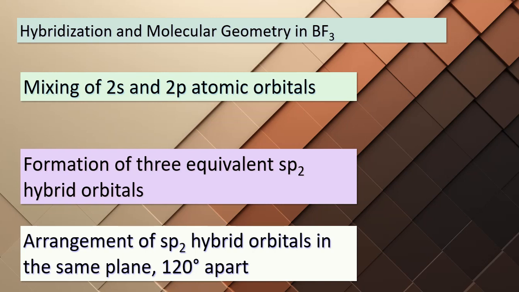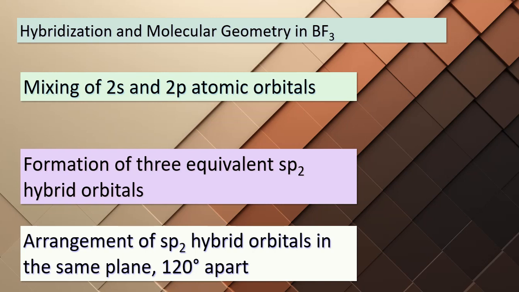These three sp2 hybrid orbitals lie in the same plane, each separated by 120 degrees from the others. This specific arrangement is crucial as it enables the formation of bonds. In the case of boron trifluoride, these sp2 hybrid orbitals combine with fluorine atoms, leading to the distinctive trigonal planar molecular geometry that characterizes boron trifluoride.